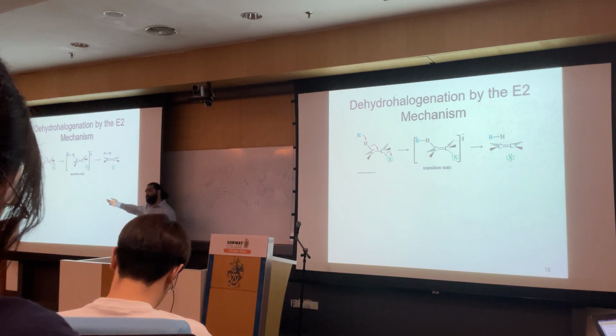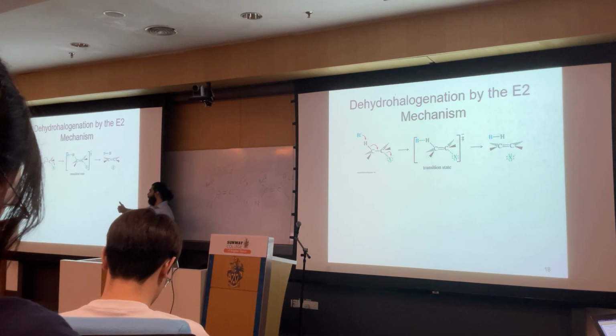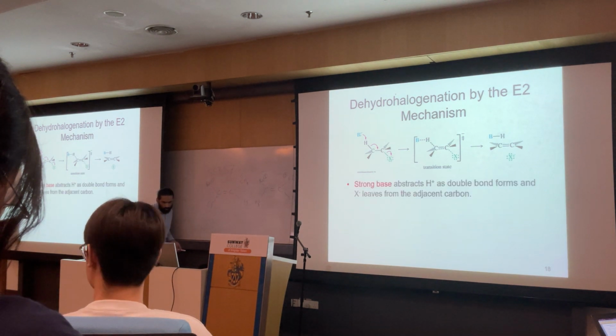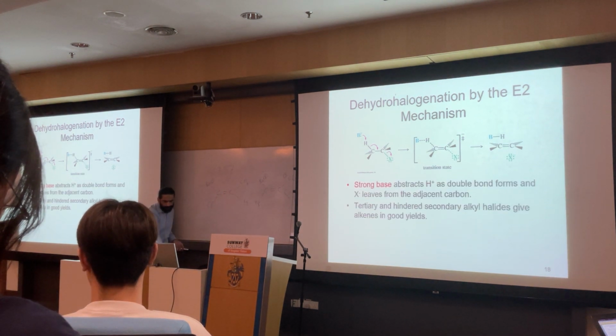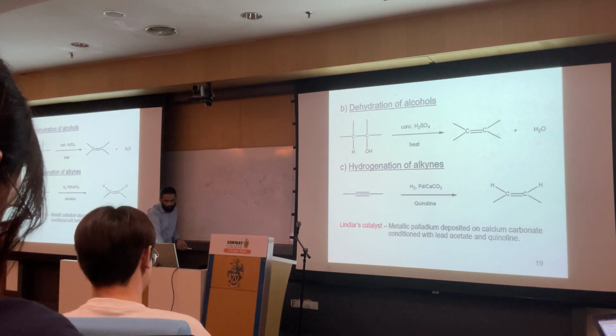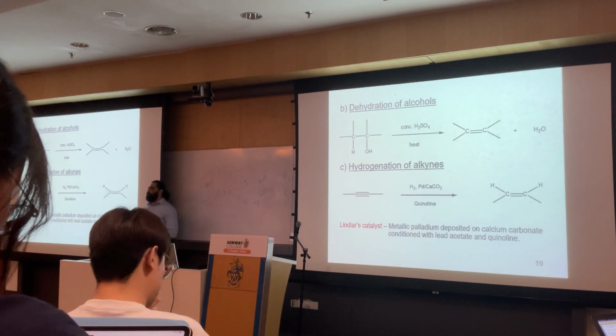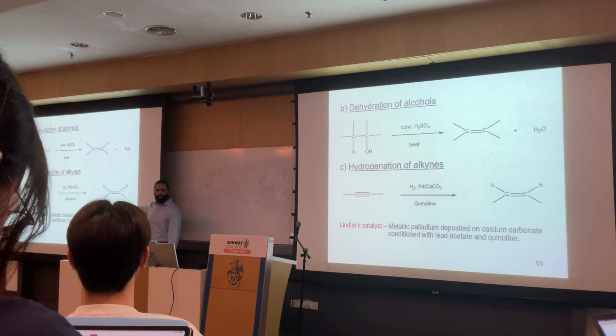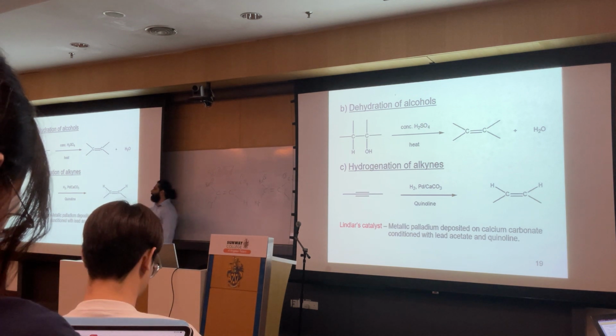So if we have E2 mechanism, then of course there will be an E1 mechanism as well, right? So what was that reaction? Dehydrohalogenation, right? That from alkyl halide, by elimination reaction we made alkene.